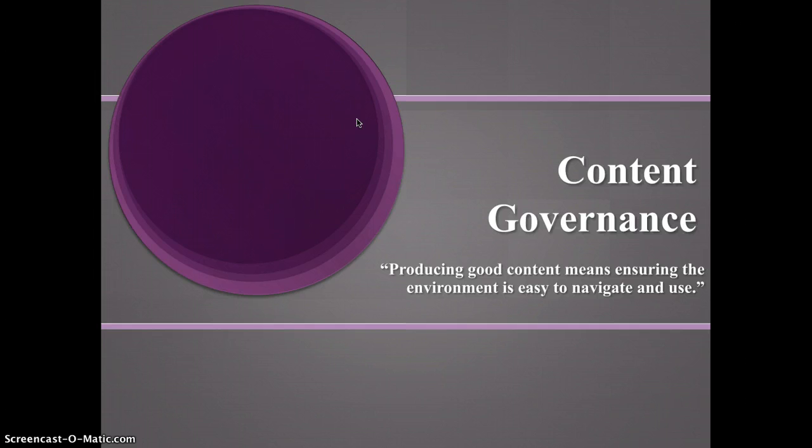It's hard to maintain and create content that is relevant and valuable to your users. But there is a content life cycle that helps organizations and designers like ourselves to create relevant and valuable content.